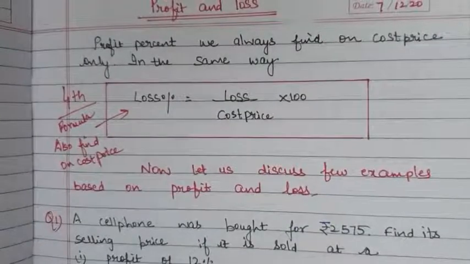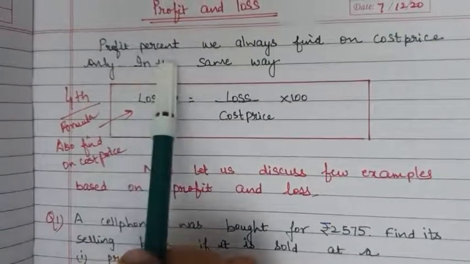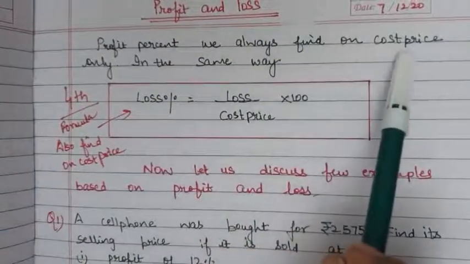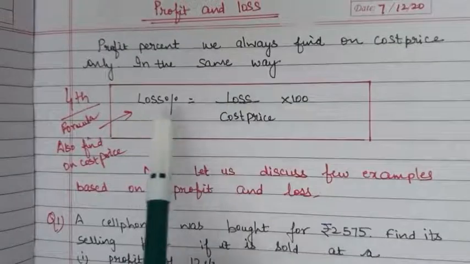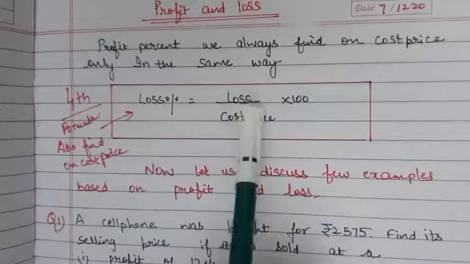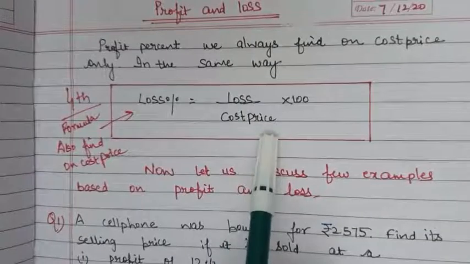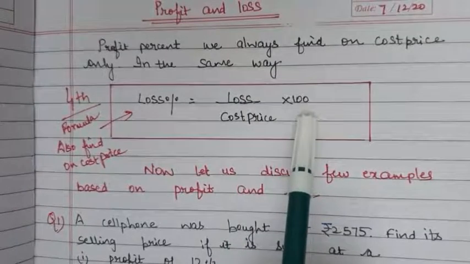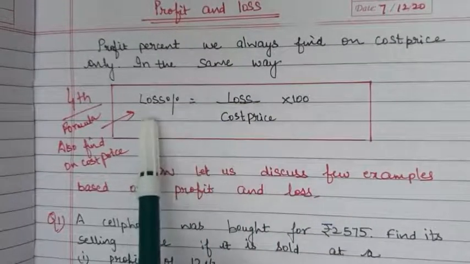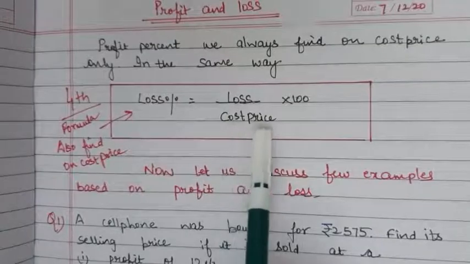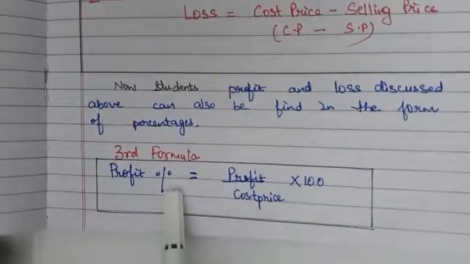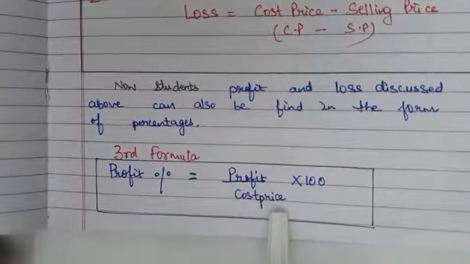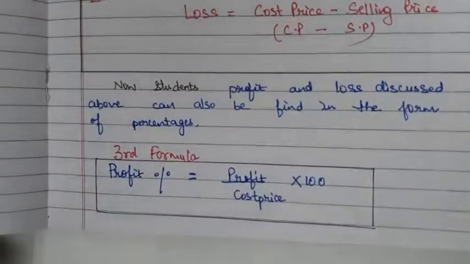Always keep in mind that profit percentage we find on cost price only. In the same way, loss percentage is loss upon cost price multiply 100.